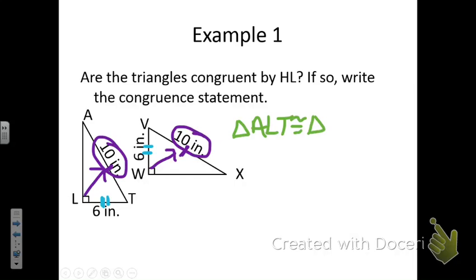So in my second triangle, X would be the angle that's made with the hypotenuse and the side with no measurement. L is the right angle, so it has to correspond with W, and then that would leave V to go last. So yes, these 2 triangles are congruent, and they're congruent by HL, or hypotenuse leg.